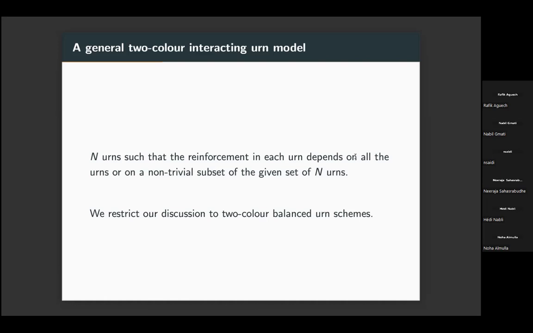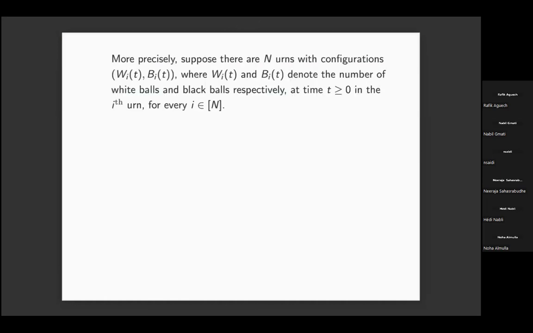Let me describe the model a little bit more in detail, and I'll also fix the notation now. Capital N is my number of urns, and W_{i,t} and B_{i,t} are the number of white balls and black balls in the ith urn at time t. So I have to also index by urn now.